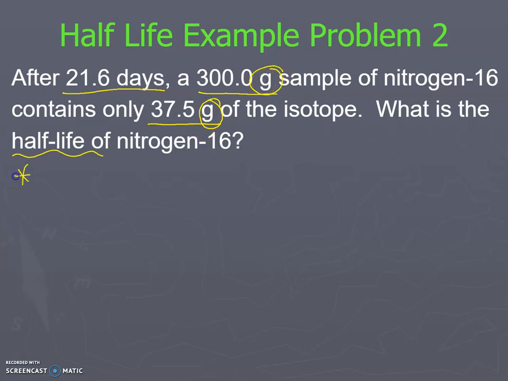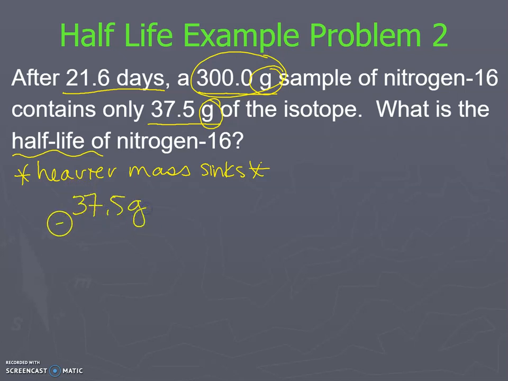So if they give you 2 masses, the heavier mass sinks. So that means this 300 grams goes on the bottom. So you have 37.5 grams that remain, and we have 300 grams originally there.